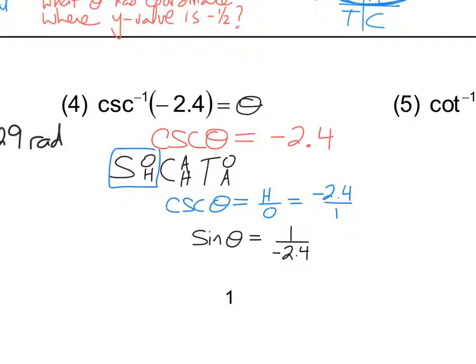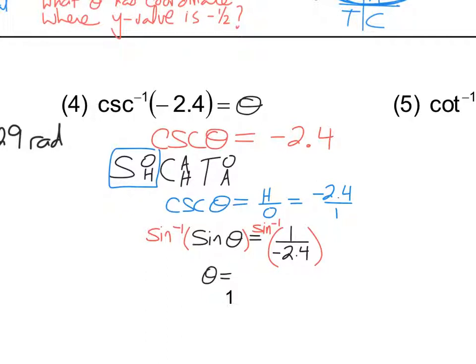Then I could solve for theta by taking the arc sine of both sides. So then theta would be equal to the arc sine. I'll write it as arc sine.